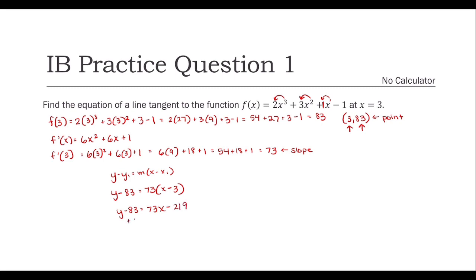And then we'll add 83 to both sides to get that y equals 73x minus 136. So the equation of the tangent line is y equals 73x minus 136.